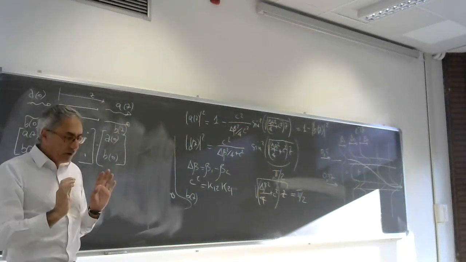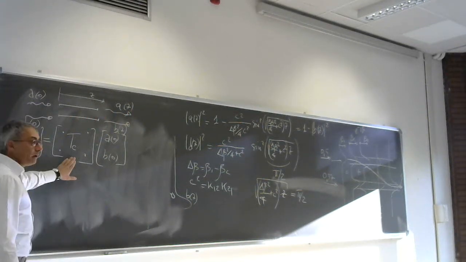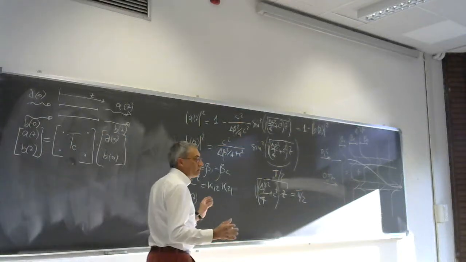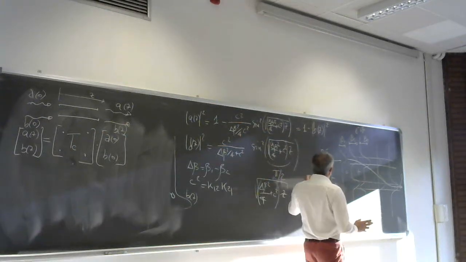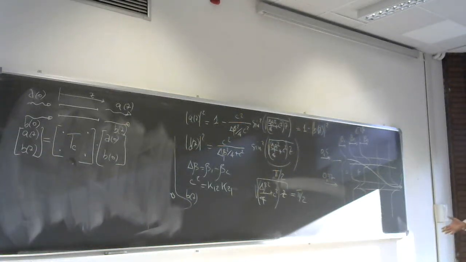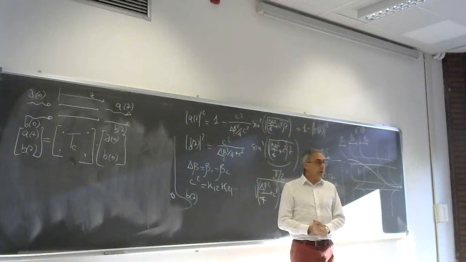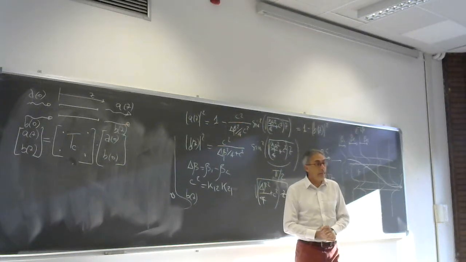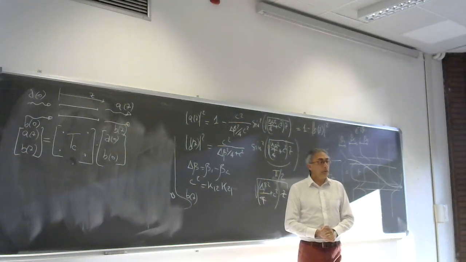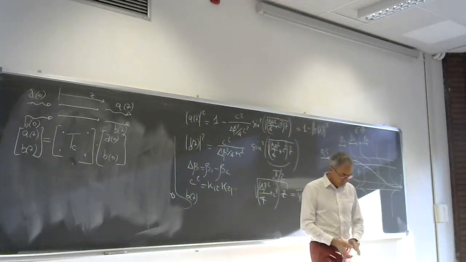If we can write this matrix, then we have solved any kind of problem. Every input can be in some way transferred to the output. And this is the general solution. The matrix TC is called what? Transmission matrix of the directional coupler.